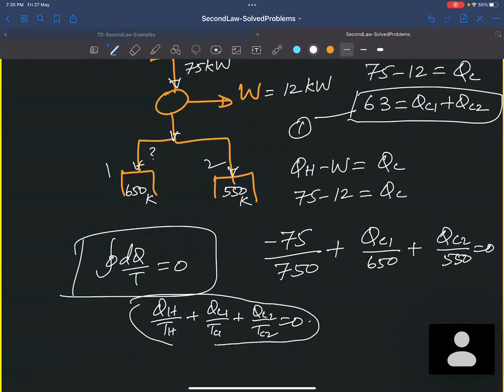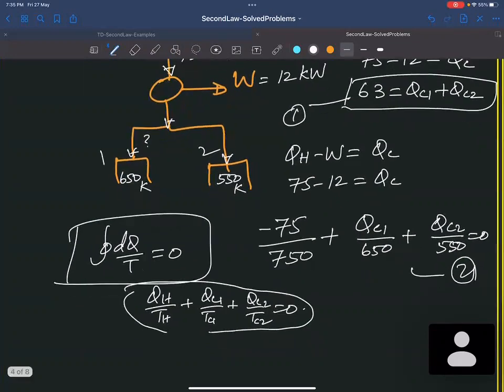So we have QH by TH plus QC1 by TC1 plus QC2 by TC2. From this we have the additional equation. This is your second equation. So equations 1 and 2 have to be solved together.